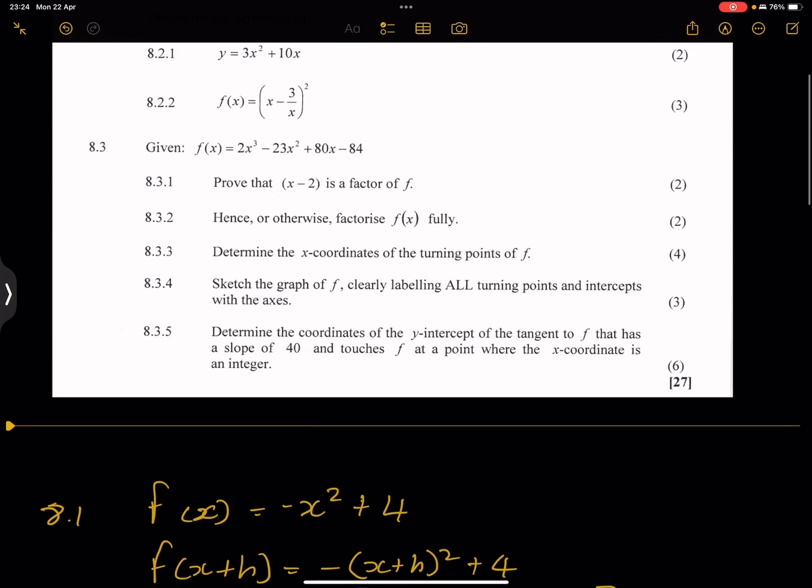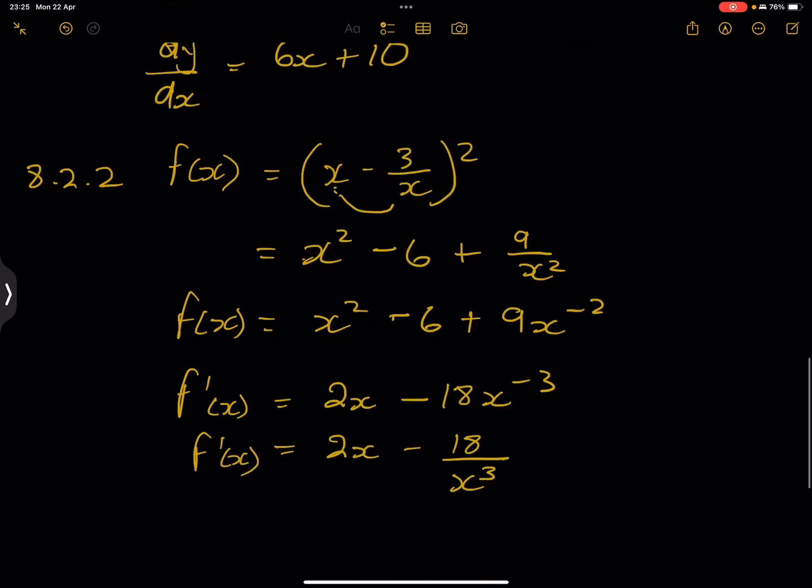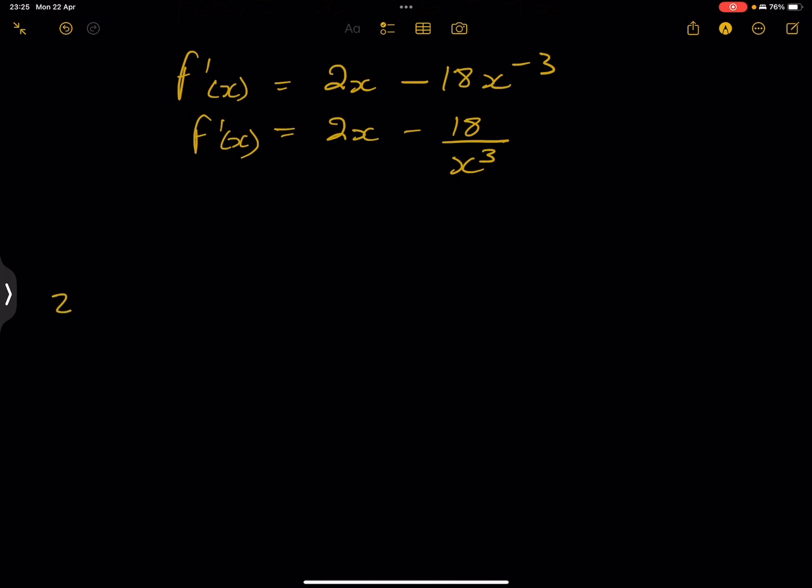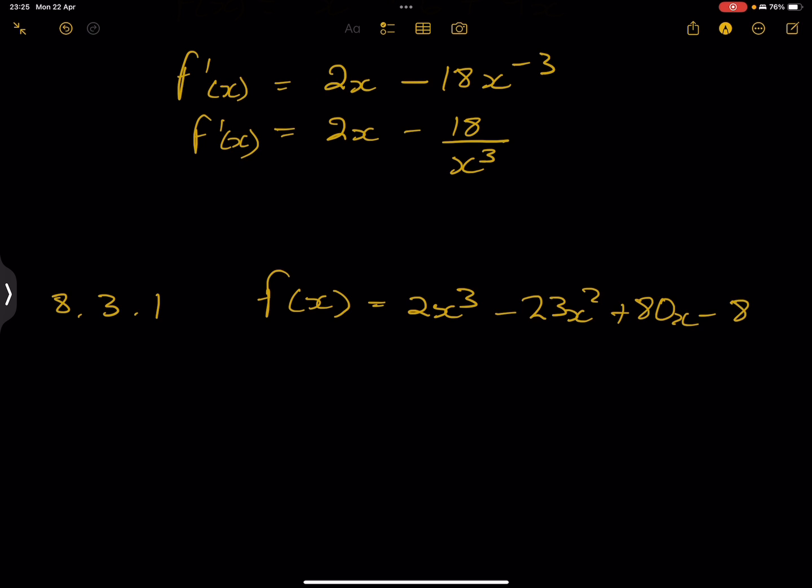They say prove that x minus 2 is a factor of f. Right, so 8.3.1. Now f of x is equal to, we said this is 2x cubed minus 23x squared plus 80x minus 84.